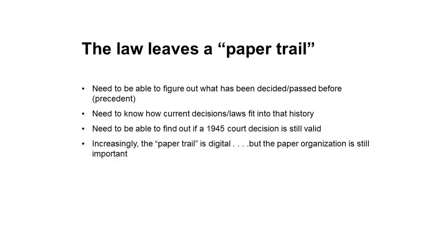As another example, if we get our hands on a court case from 1945, we need to be able to find out, well, okay, is this still valid? Is what the court said in 1945 still the way things stand today?